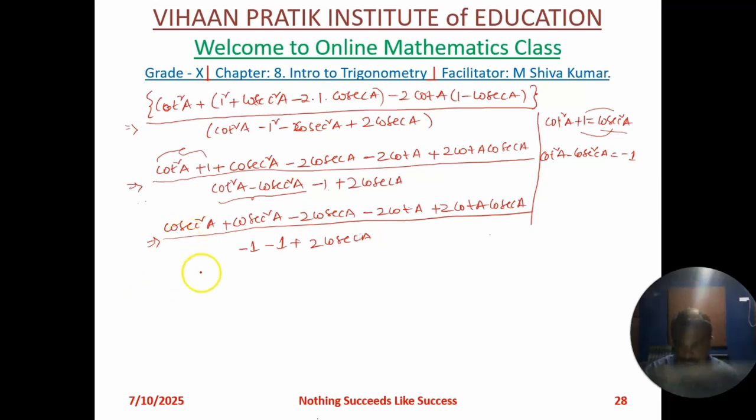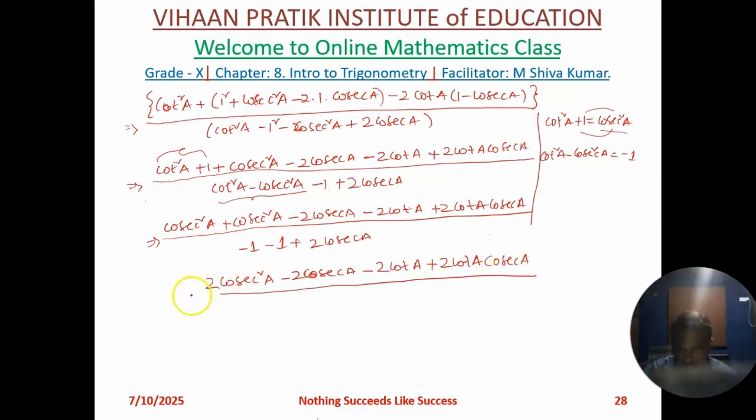Okay, right. In the numerator, cosecant square A plus cosecant square A is 2 cosecant square A minus 2 cosecant A minus 2 cot A plus 2 cot A cosecant A, divided by, in the denominator, minus 1 minus 1 is minus 2 plus 2 cosecant A. Now here we have cosecant A common, here we have cot A common.